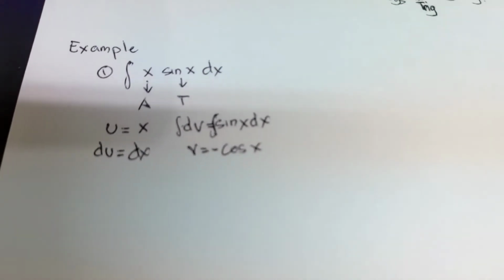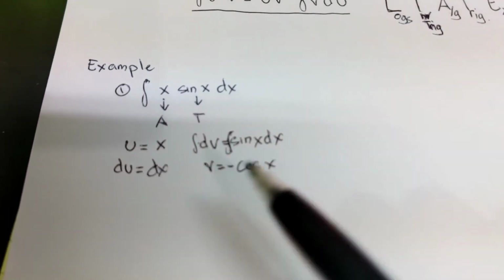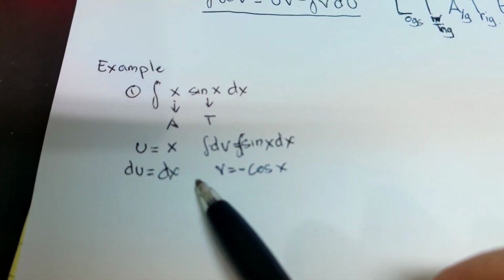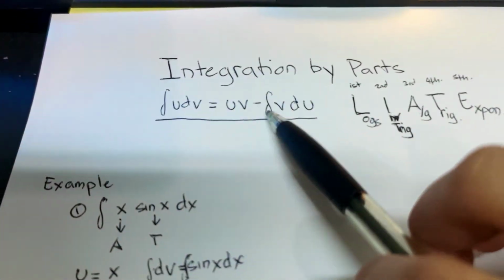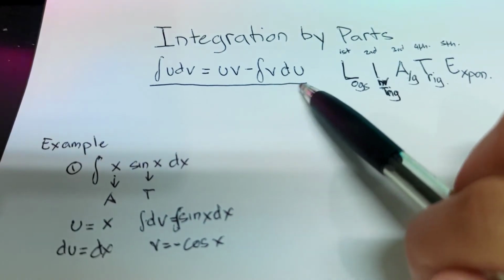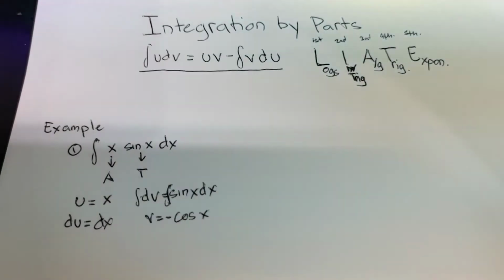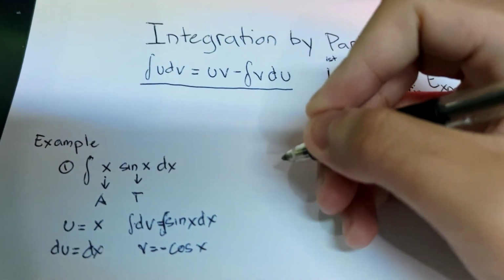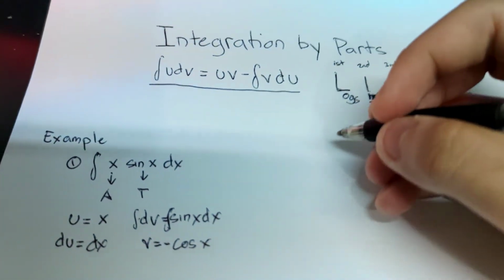So next, now that we have our u, du, and v, we can use this formula now: uv minus the integral of v du.